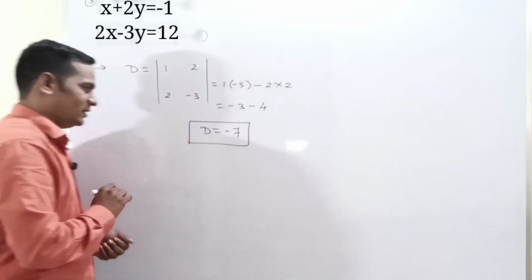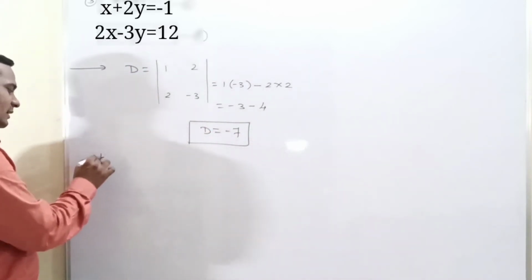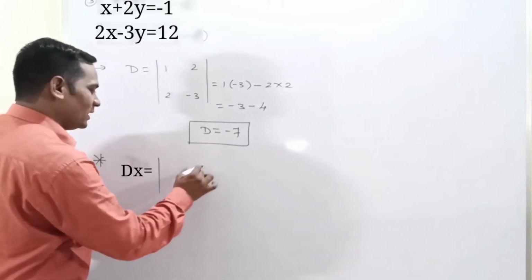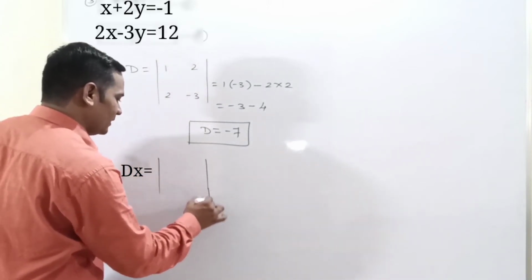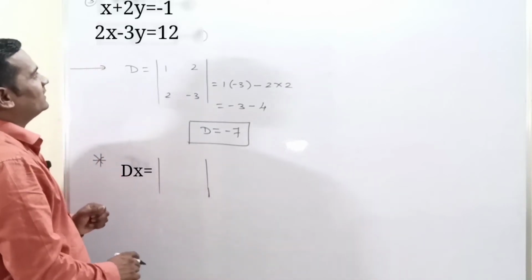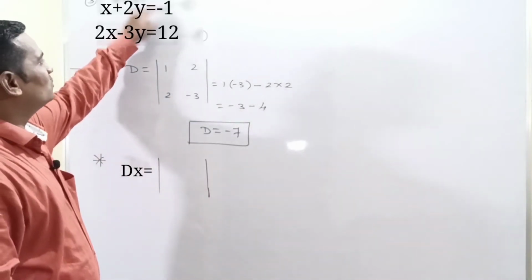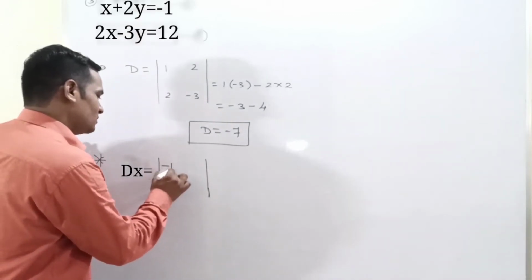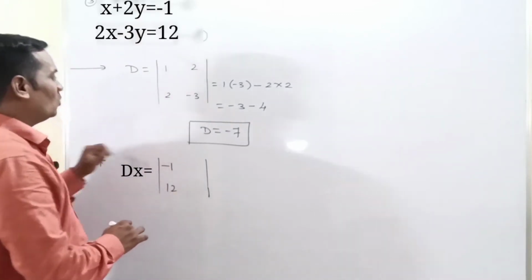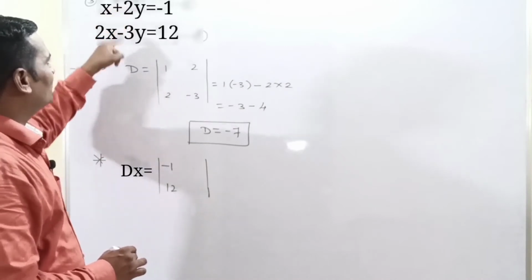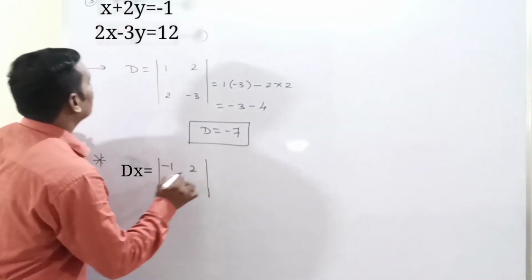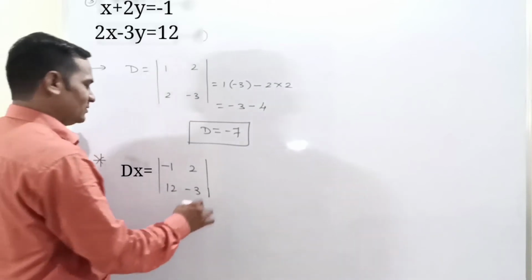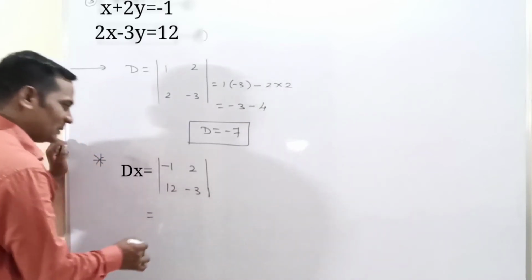Here it is, the first one. So let's find out the Dx now. So Dx is equal to, again we have to take the determinant here. Okay, so how to take that determinant? First of all, let's take the two constants here. So that will be minus 1 and 12. Now coefficient of the second term in a column. So 2, okay, minus 3 like this. So let's solve this one also by cross multiplication.